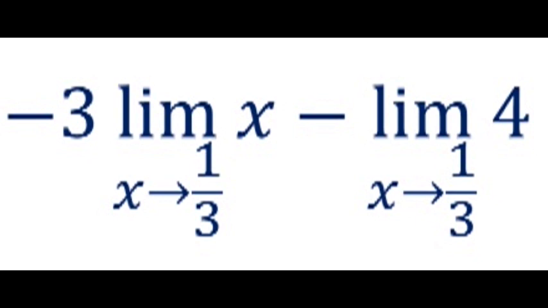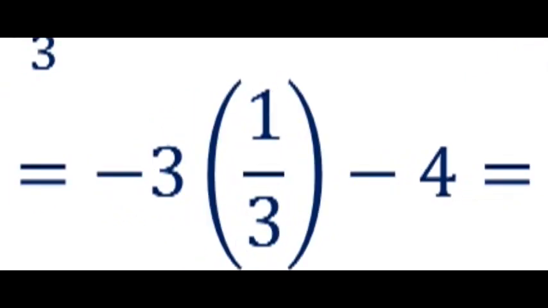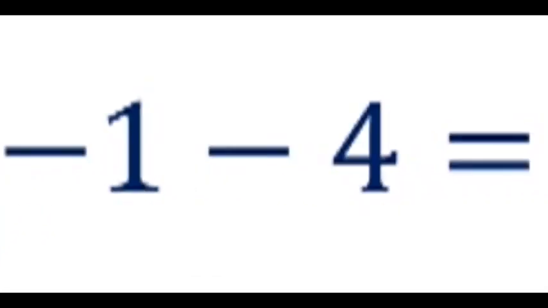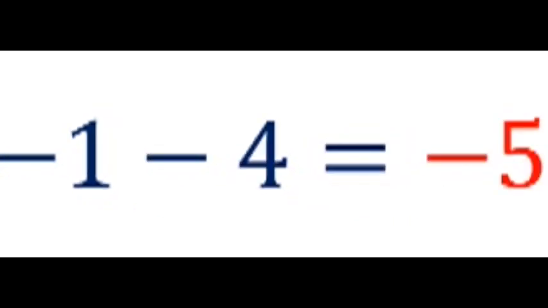So simplify: you copy the constant negative 3, and then the limit of x as x approaches 1/3 gives you 1/3 since our k is 1/3, and the operation is minus. Limit of 4 as x approaches 1/3, since our function is 4 which is a constant, simply copy it. 1/3 times negative 3 gives you negative 1, then copy negative 4. Negative 1 minus 4 is equal to negative 5.